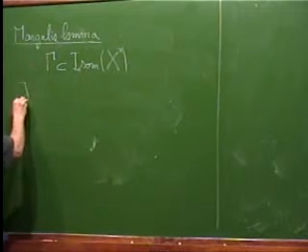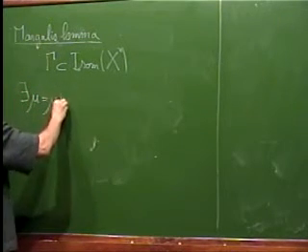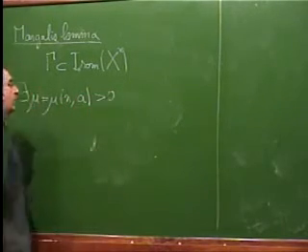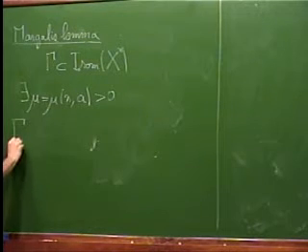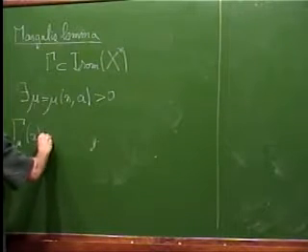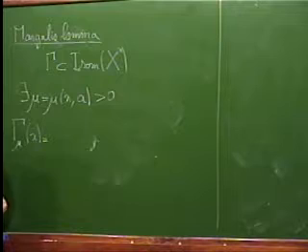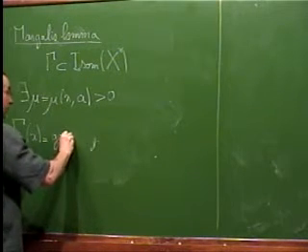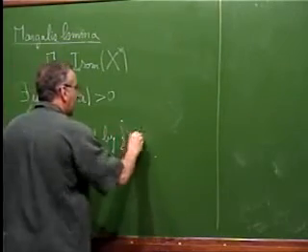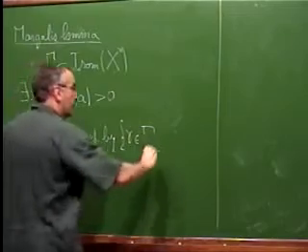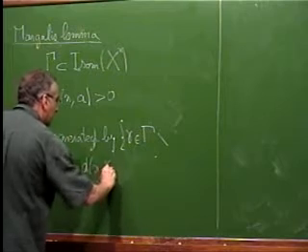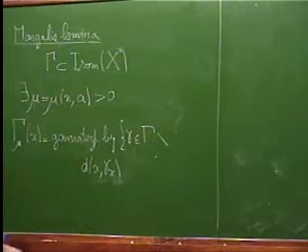Then there is a positive number, which I'll call mu, which depends on the dimension and the lower bound of the curvature, so that if one looks at the following group, which I call gamma mu of X, which is the group generated by the elements gamma in the group capital gamma such that the displacement at X is less than mu.